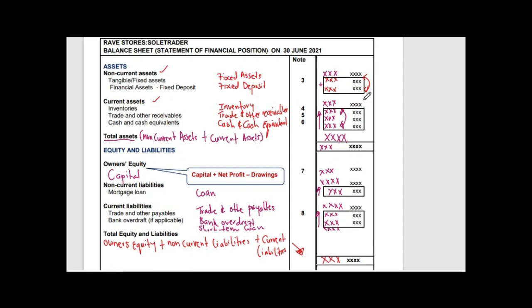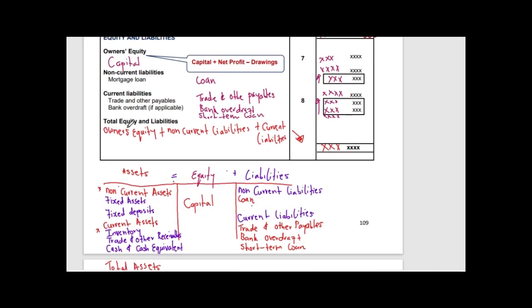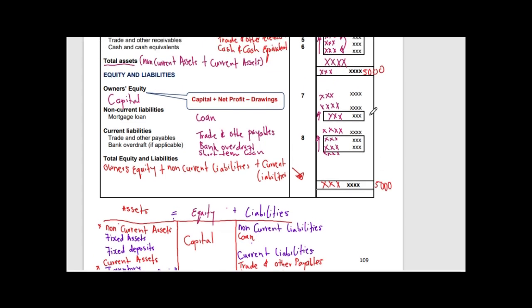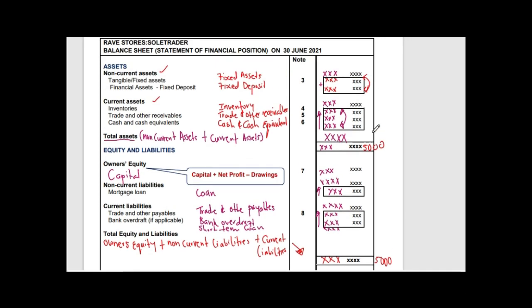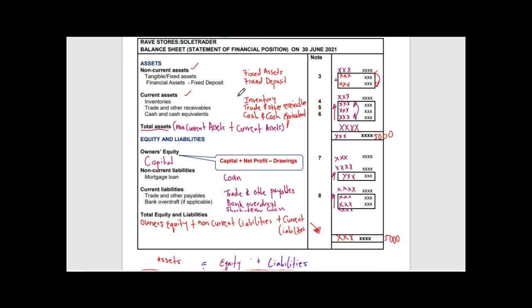Meaning at the end of your preparation of your balance sheet, if you have 5,000 as your total asset, then at the end your total equity and liabilities must also be 5,000. And this thing we call a balance sheet. And everything balances. So please go home, study this structure, know it by heart, and understand this structure.